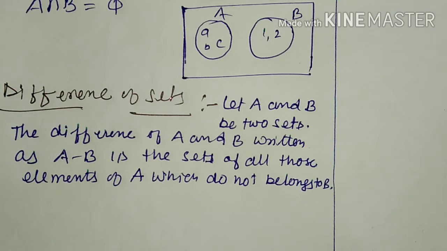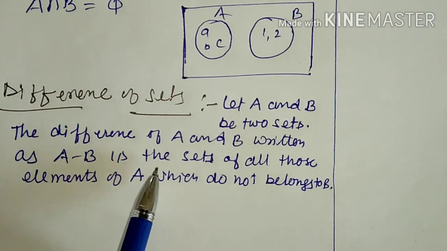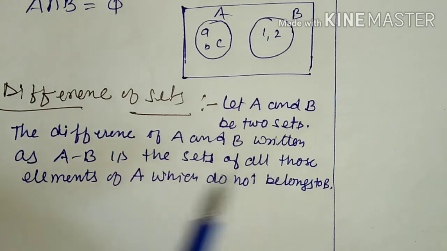Now next is difference of a set. Let A and B be two sets, the difference of sets A and B, written as A minus B, is the set of all those elements of A which do not belong to B. Clear?